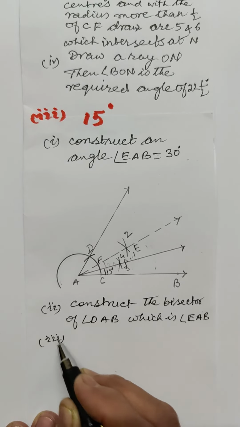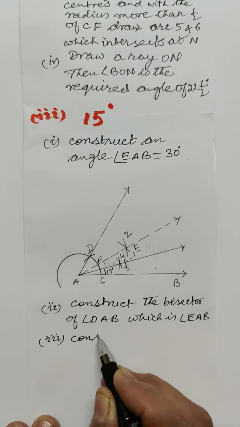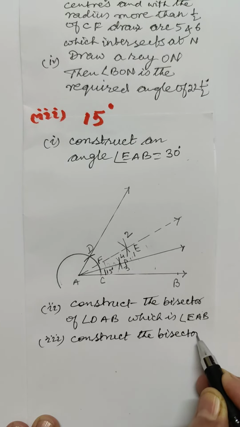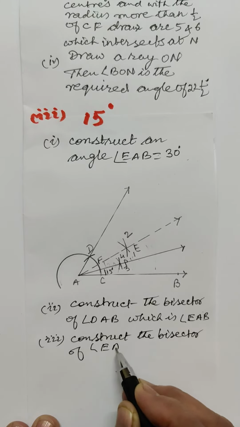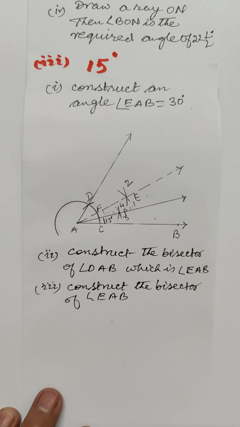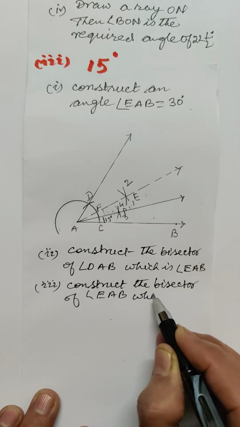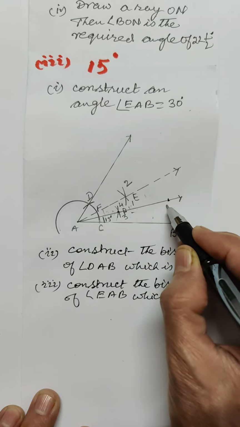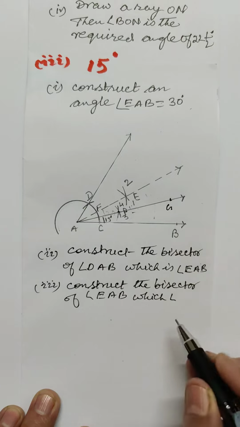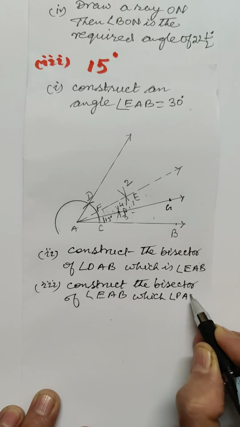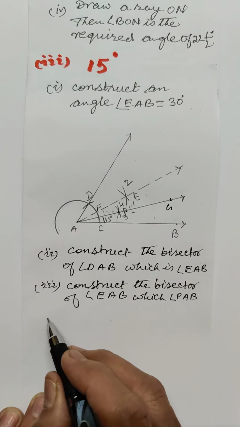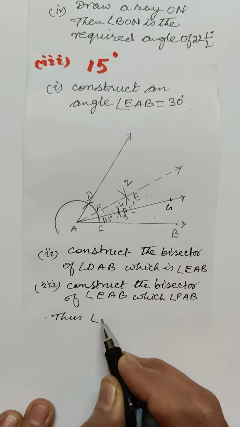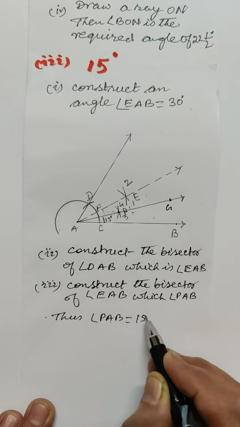Third point, construct the bisector of angle EAB, which is angle, this was point P, or we can take here G, angle PAB. Thus, angle PAB is equal to 15 degree.